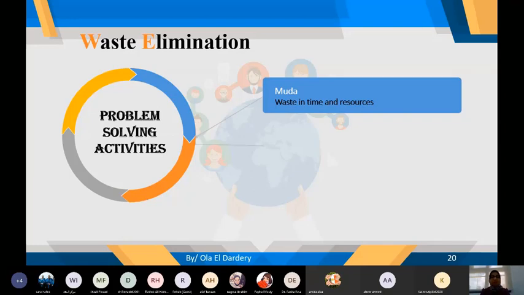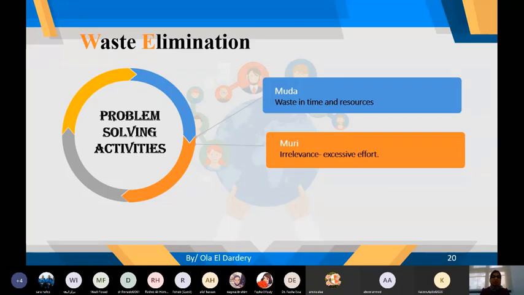And after that, we said there is muri, and muri is the irrelevance. There is an excessive work, and this is irrelevant to what we are doing. So let's remove this excessiveness from the work and just stick to the right thing. As we said, this is elimination of any unnecessary activities.